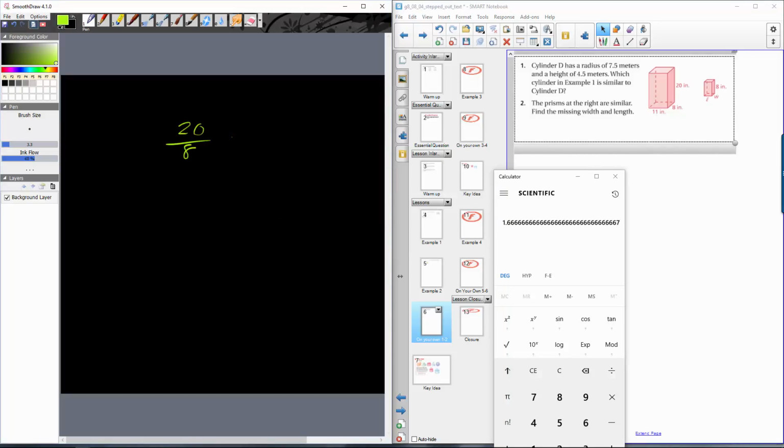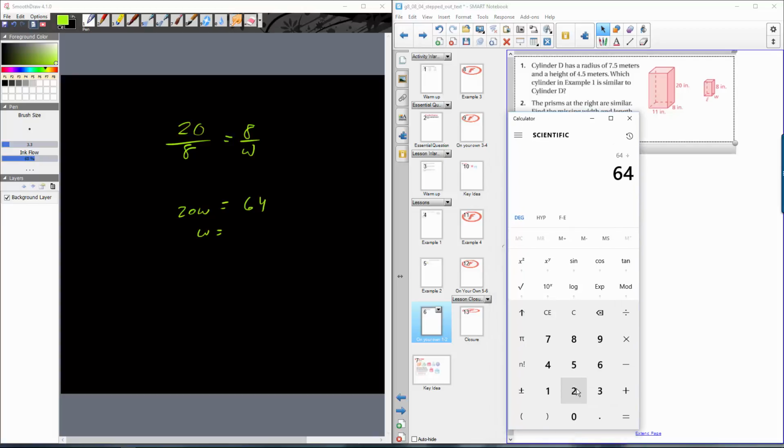So that equals 8 over W. I'm going to cross multiply and I'll have 64 equals 20W. And I'll have W equals, if I take 64 divided by 20, this is going to be 3.2.